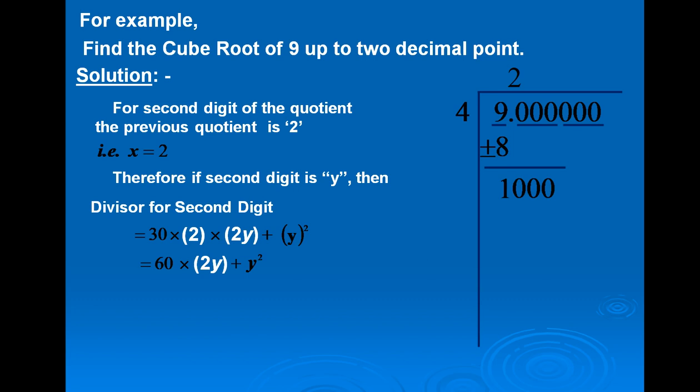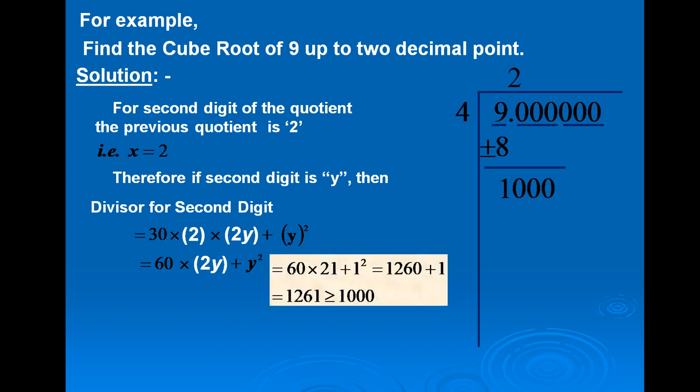For y equal to 1, the divisor is 60 into 21 plus 1 square, which is 1260 plus 1, equal to 1261, which is much more than 1000. Therefore, the new digit cannot be 1 or greater than 1.